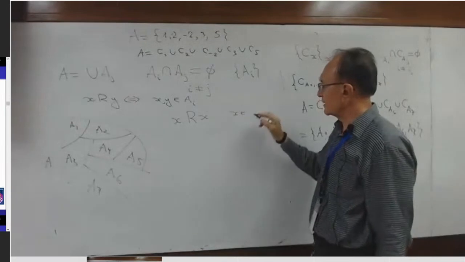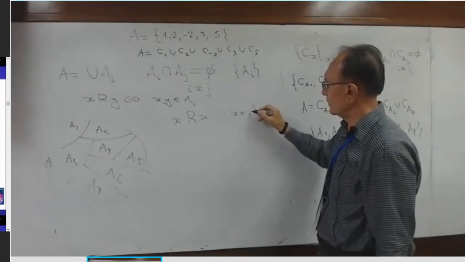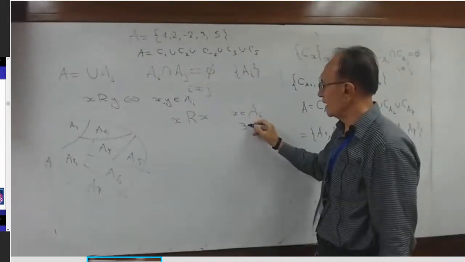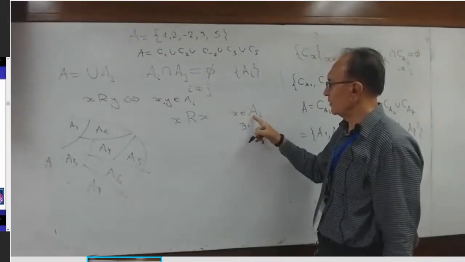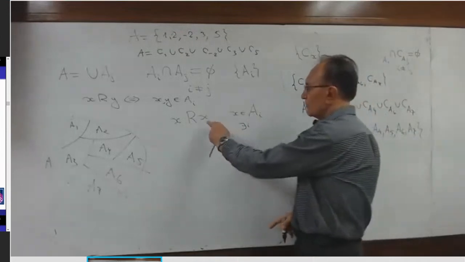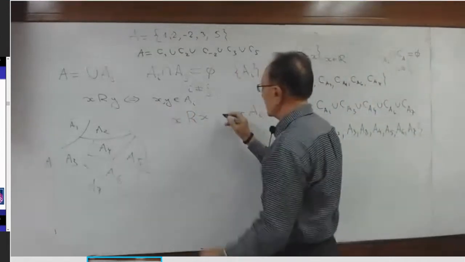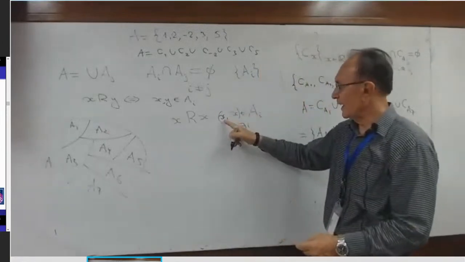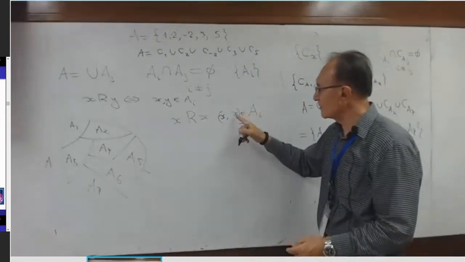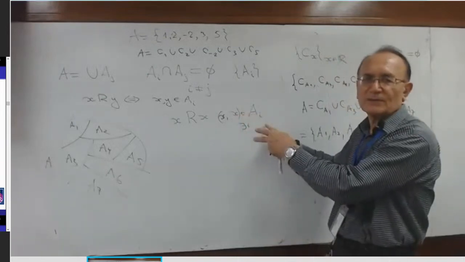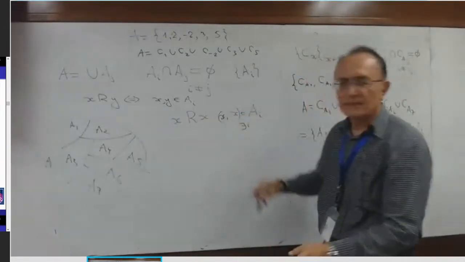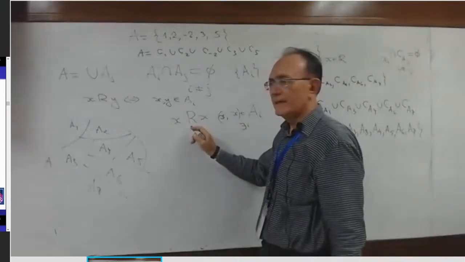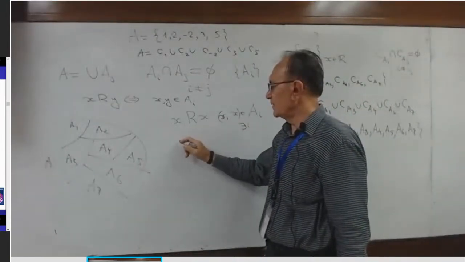So X belongs to Ai for some i. There exists i so that X belongs to Ai. So X is related to X itself. This is reflexivity.